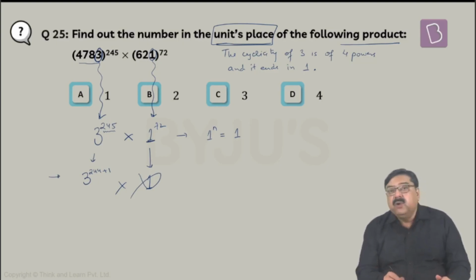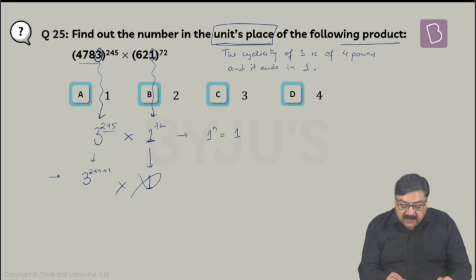Why 244 plus 1? See, number 3 has a cyclicity of 4 powers. Now there are 245 powers. So if you divide it by 4, there will be 61 groups of 4 powers. And after every 4 powers, we will get the same digit in the units place because 3 has a cyclicity of 4.